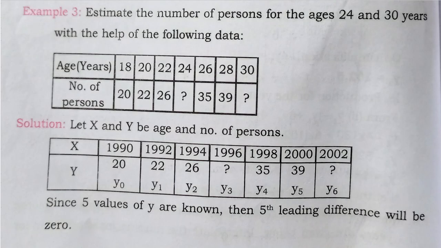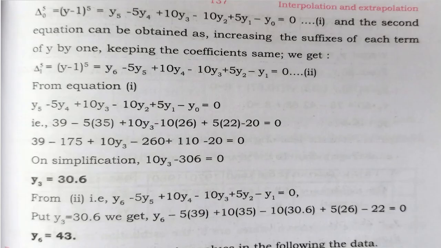First I will write here the values of y. y0 is equal to 20, y1 is equal to 22, y2 is equal to 26, y3 is equal to 35, y4 is equal to 39, and y5 I will enter.